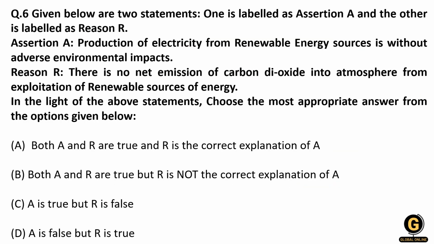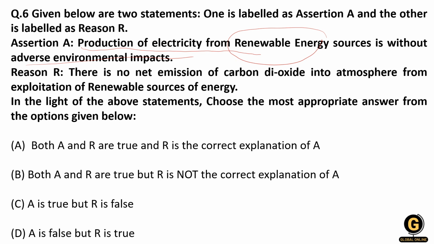So they have given us an assertion and a reason. We have to find out whether they are correct or not. The production of electricity from renewable energy sources is without adverse environmental impact. In the production of electricity from renewable energy, they use sources directly from nature, like sunlight, water, or wind, right?